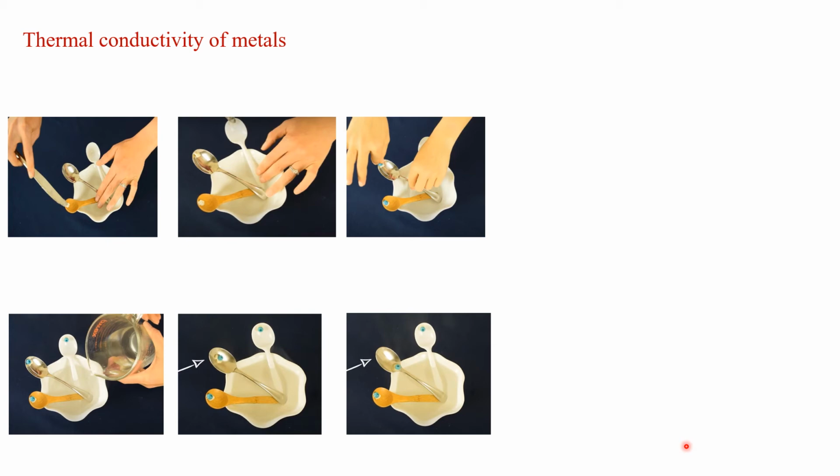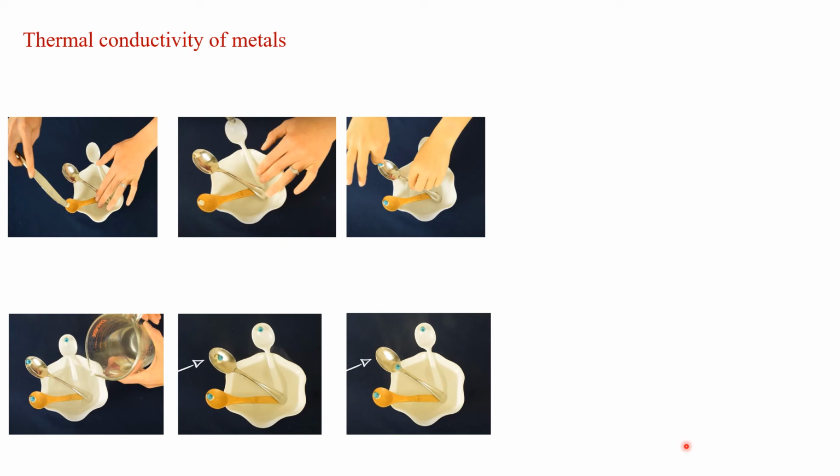Heat from the hot water in the bowl reaches the butter on the metal spoon comparatively faster through conduction. As a result, the butter melts and the bead moves down.